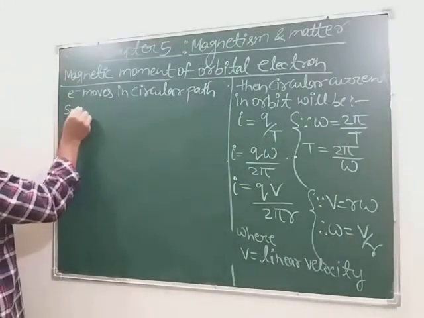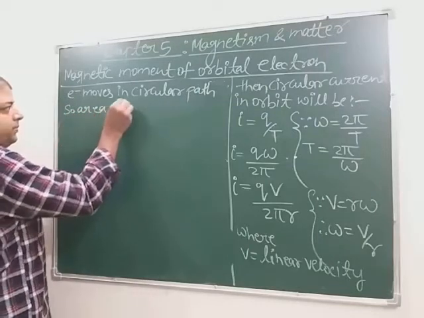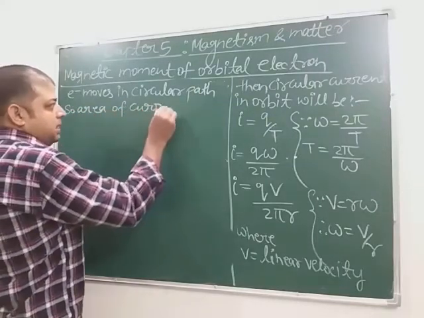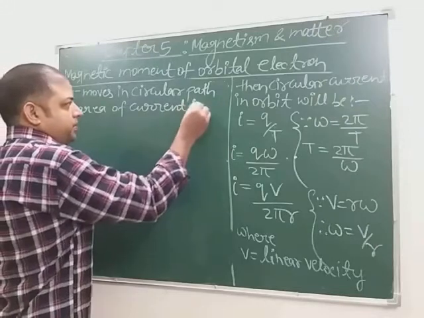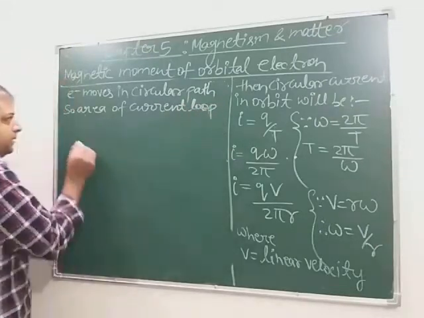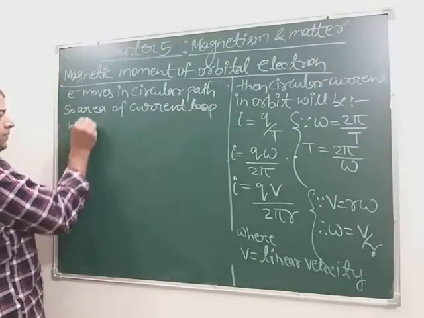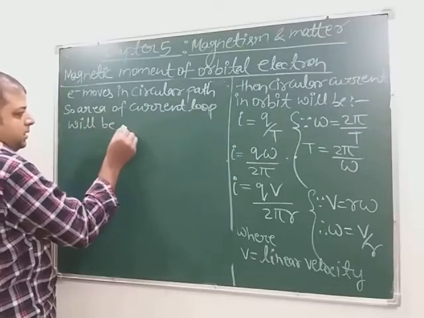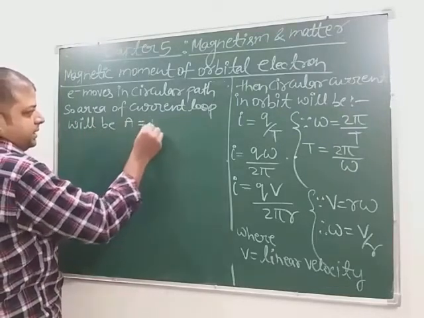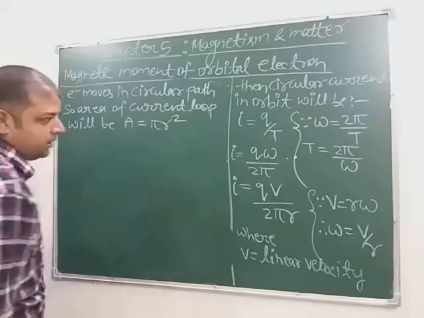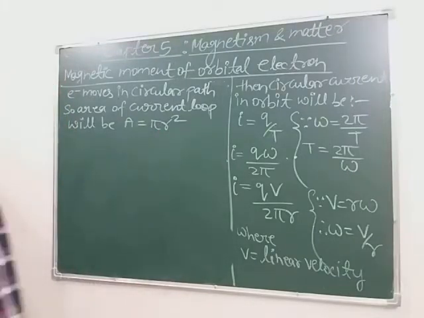So the area of the current loop will be, what will be the area? Pi r square. Area will be A is equal to pi r square.